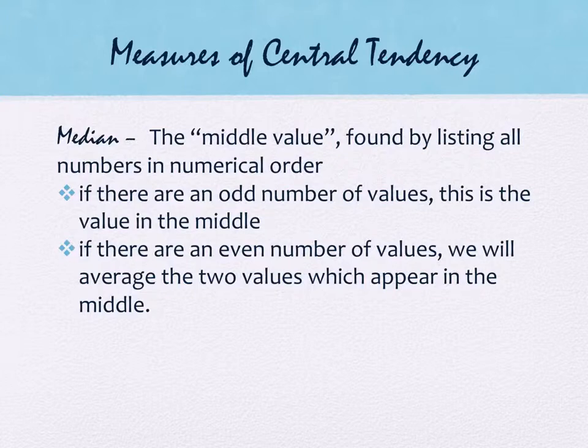Okay, so if there are an odd number of numbers, there really is a very middle something. Right? If there are an even number of values, there is not one number in the middle. There would be two numbers in the middle. So you take those two numbers and you find their average, their mean between them when you're dealing with median. Okay, so you're looking for what is occurring in the very middle.